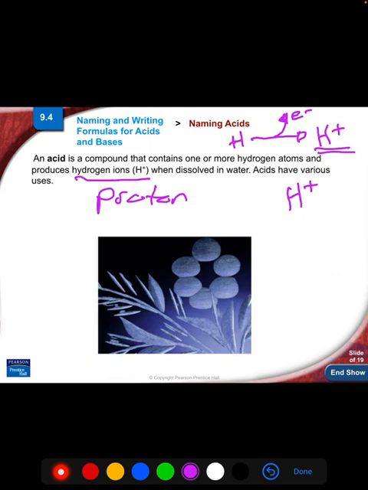You lose the electron, what's left? One proton. So another word for a hydrogen ion or proton or H+, those terms all mean the same thing. And if you produce or give off H+, for our purposes today, that means you are an acid. There's, like I say, some other definitions of acids later.